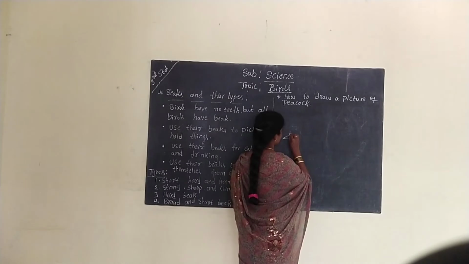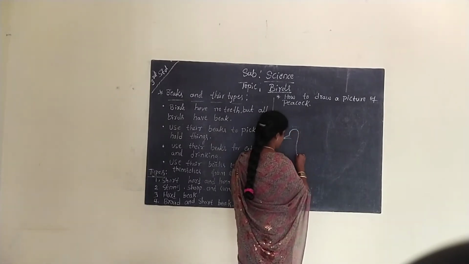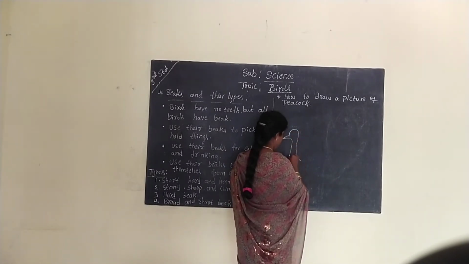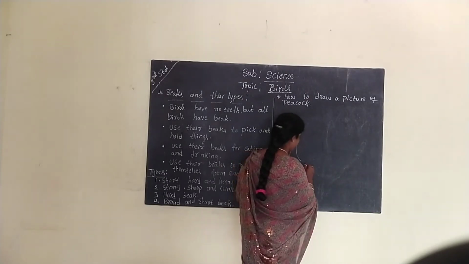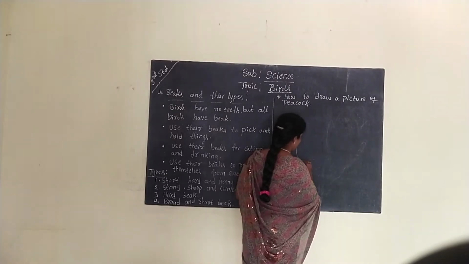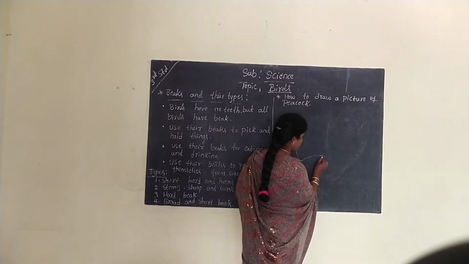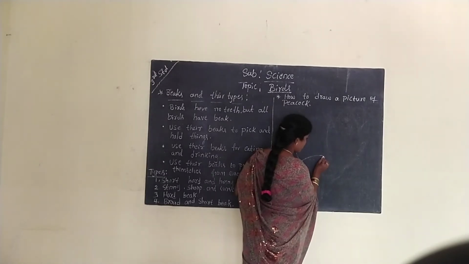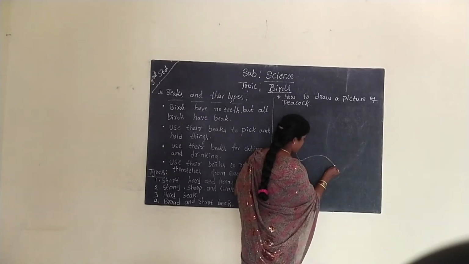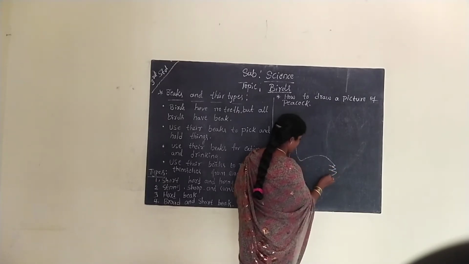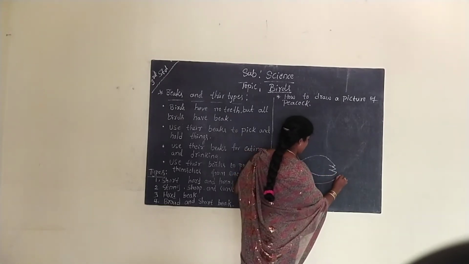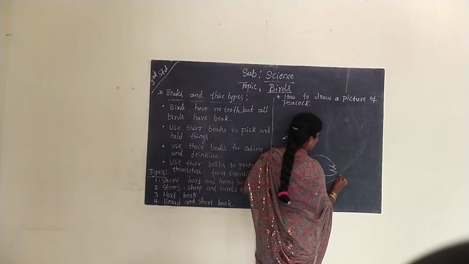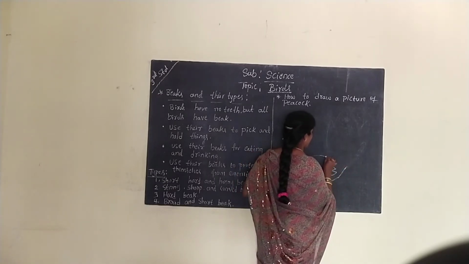Next you draw the head, and then you draw the neck portion, and then we move on to the body, that is the trunk part. In the trunk part, next you should draw wings, and then we should draw the tail part.